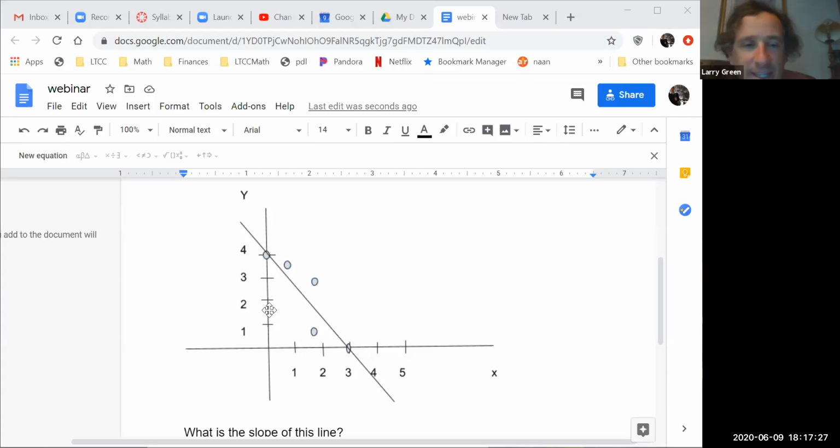So the idea is in statistics, you're going to have a bunch of data values, and you're going to have a line that is the best fitting line to those points. That line has an equation, and if you happen to know 2 points it goes through, then you can find the equation.